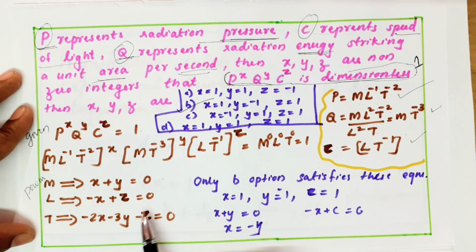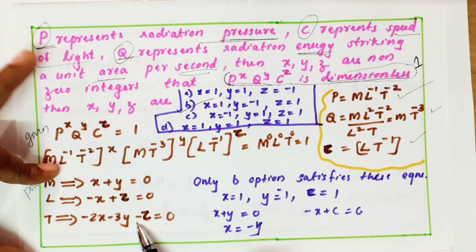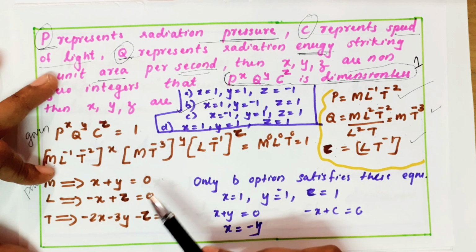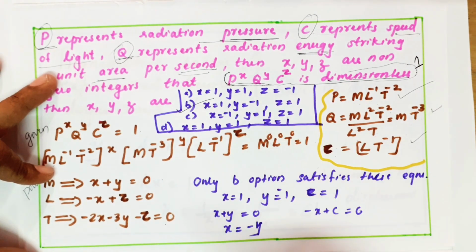Another method of solving is there. Few other questions how we are solving is after getting the equations, by using elimination method or substitution method, find out the value of x, y and z. That is one method. But we can use a tricky method of analysis that after getting this you check which option satisfies the condition.